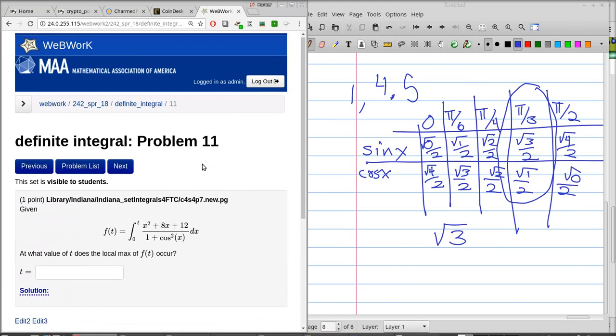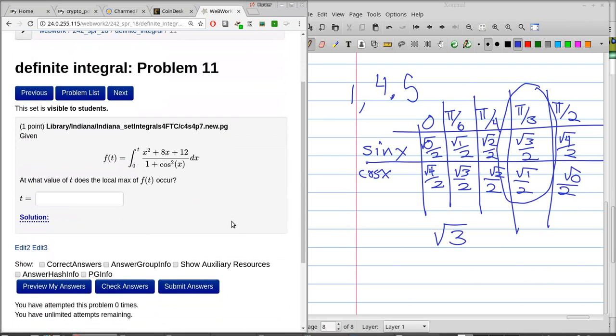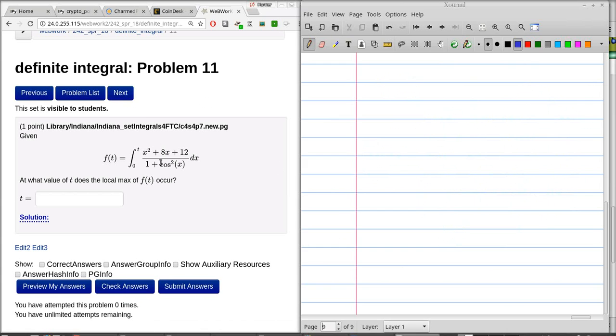I hope we're almost done. At what value of t does the local max of f of t occur? So that's probably where f prime of t has a 0. And f prime of t is this crazy thing inside there. So f prime of t is equal to t squared plus 8t plus 12 over 1 plus cosine squared of t.